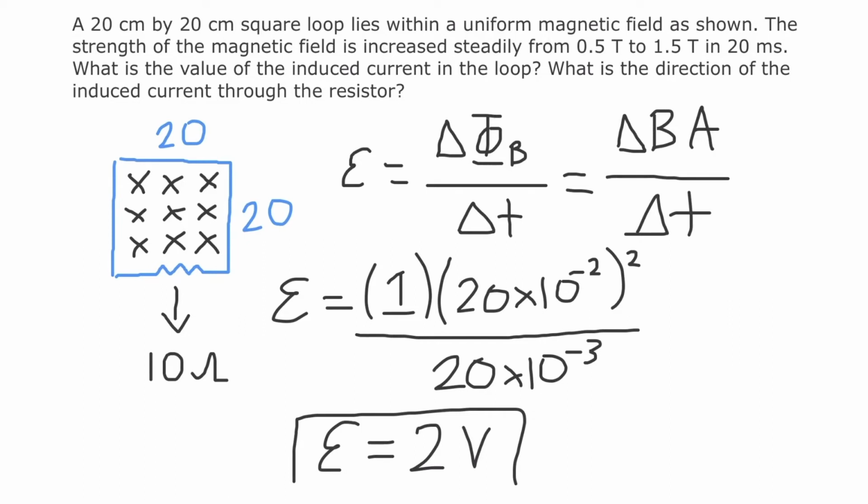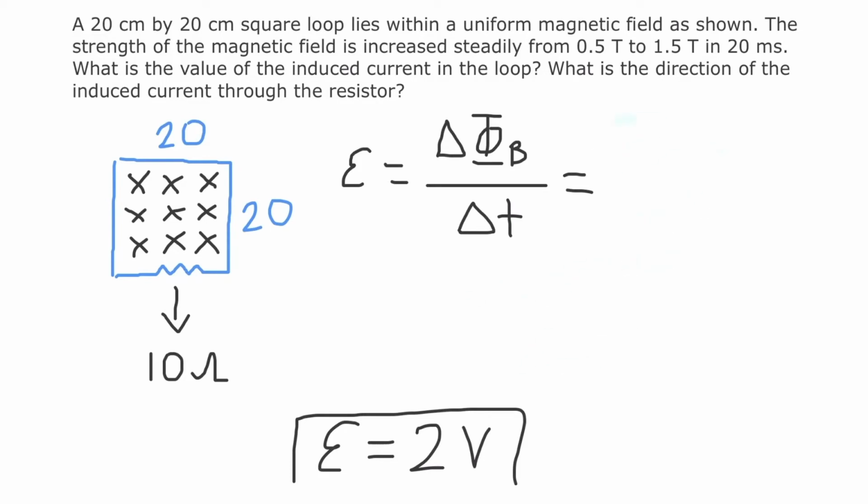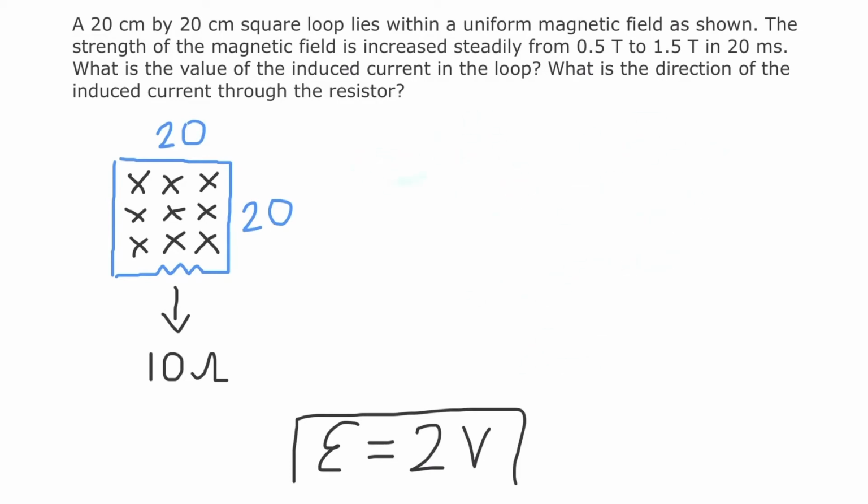Okay, so now we need to use this to calculate our induced current. And we can do that simply by Ohm's law, which we know from circuits. So for Ohm's law, we know that the EMF, which is also just written as V. If you're familiar with Ohm's law, you'll usually see it written as V. The EMF and V are the same thing for this purpose, so we'll just use EMF to keep the symbols consistent.